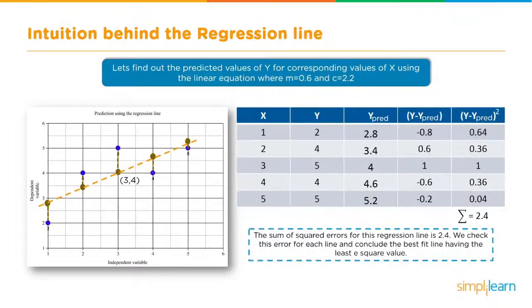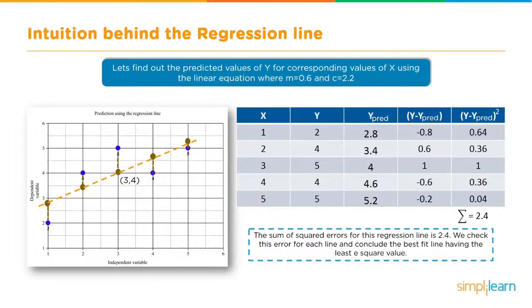If we put these into a nice chart where you can see x and y, what the actual values were, and y predicted, you can easily see where we take y minus y predicted and we get an answer. What is the difference between those two? And if we square that, y minus y predicted squared, we can then sum those squared values. That's where we get 0.64 plus 0.36 plus 1, all the way down until we have a summation equal to 2.4.